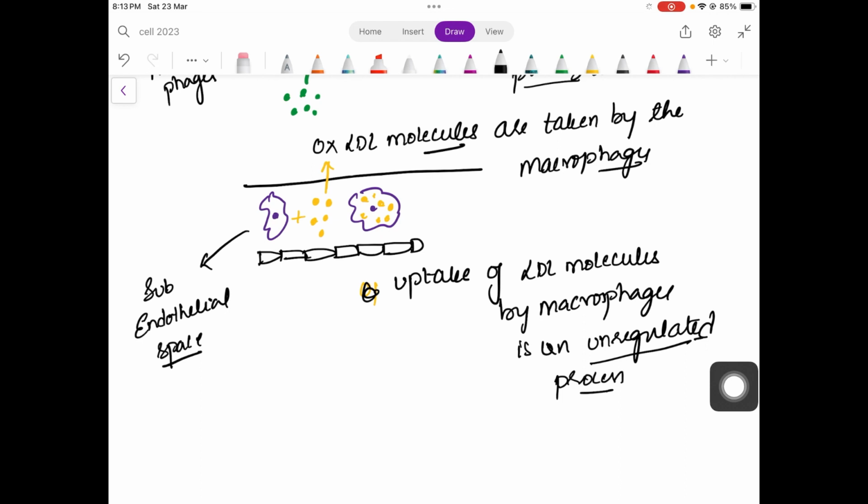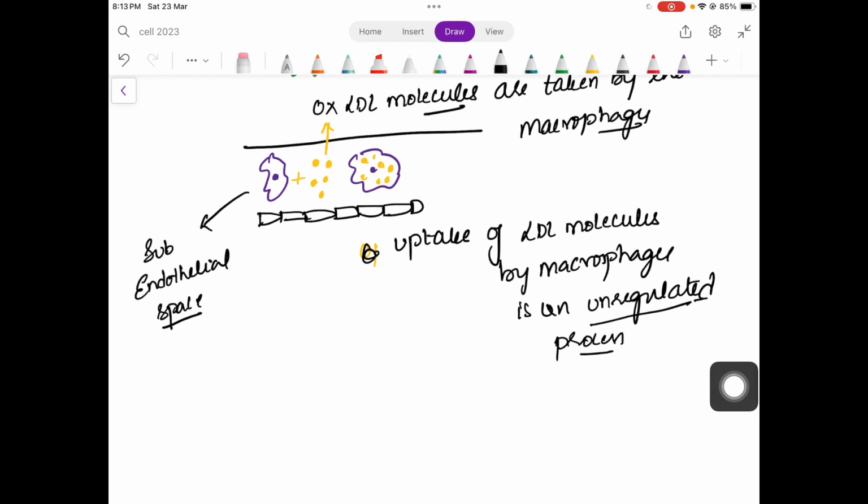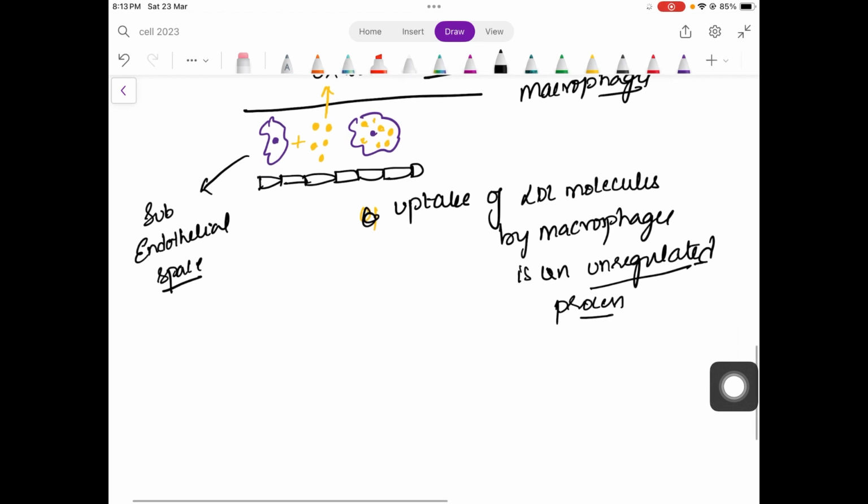The macrophages can take up a lot of LDL molecules, and this process is called a scavenger mediated mechanism.